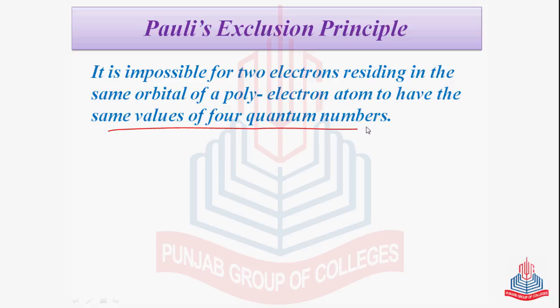No 2 electrons in the same orbital can have the same set of the 4 quantum numbers. For example, let us discuss the case of helium, which has 2 electrons. Now, the 2 electrons of helium will be present in the lowest energy level, that is 1s.